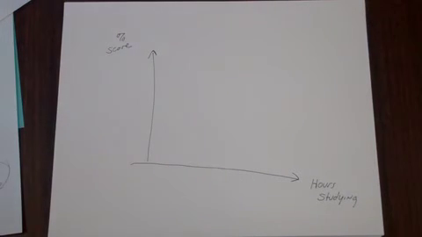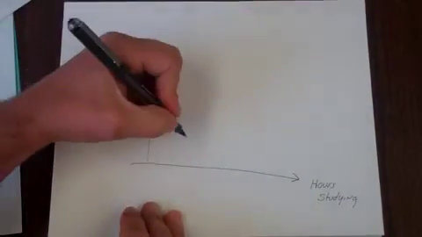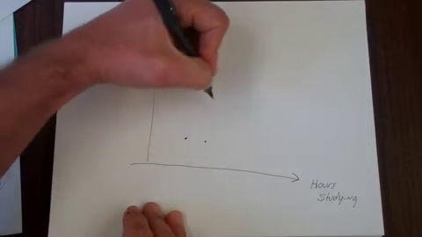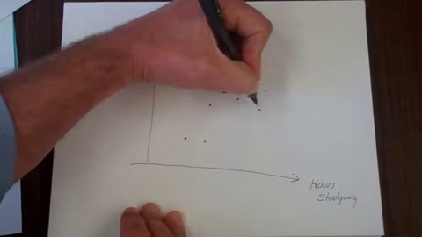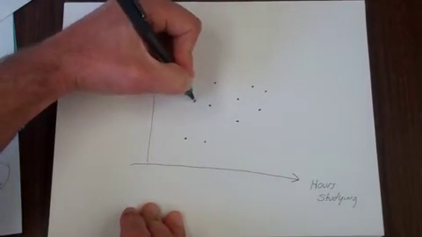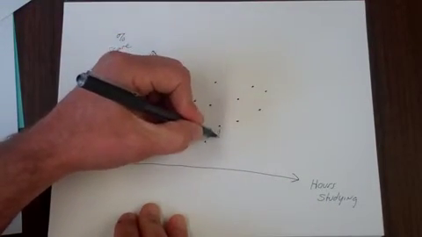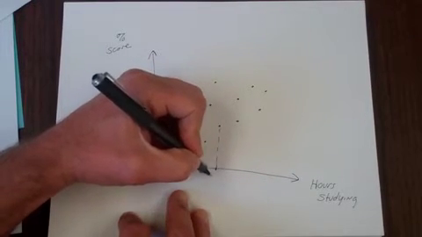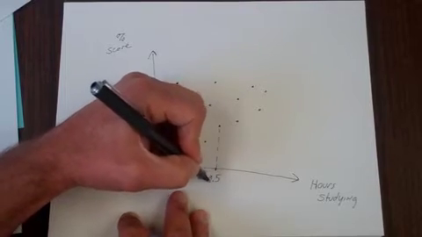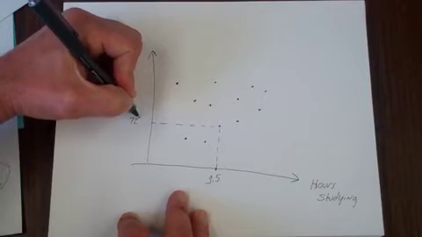Now, there would be a relationship here, but it wouldn't be a perfect relationship. Some tests you wouldn't study very much and you still get a pretty high grade, whereas others you wouldn't study very much at all and you get a low grade. If we plotted all of those values, so let's say, for example, this one right here: in the 2 weeks before the final, let's say you spent 1.5 hours studying, and your percentage grade was a 72%.